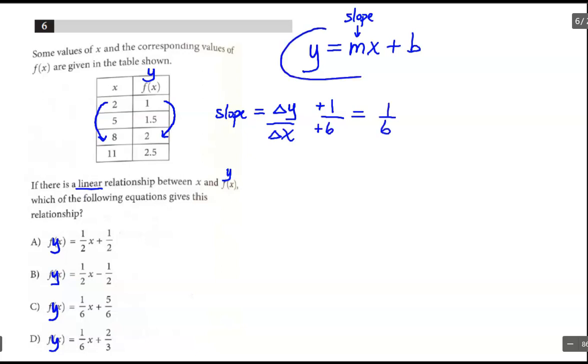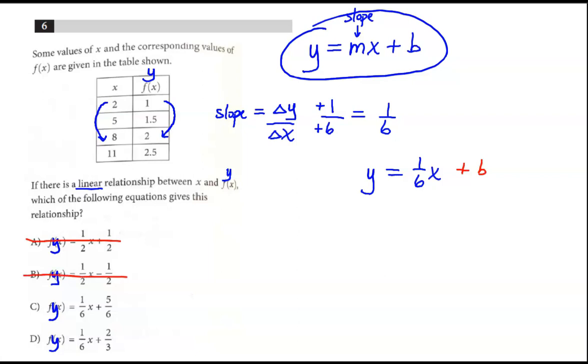So when I think back to my original equation, I know it's y equals 1/6 x, but I don't know what b is. I don't know the y-intercept. So immediately I can eliminate A and B, and I'm down to 2 choices. And both of these y-intercepts are so close to each other, 5 and 6 and 2/3, that I don't think graphing would get the job done.